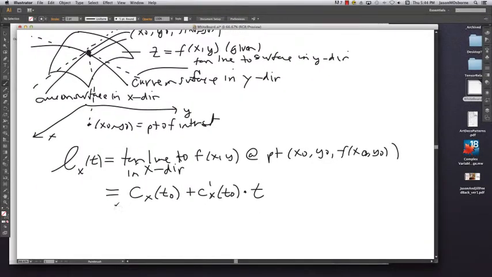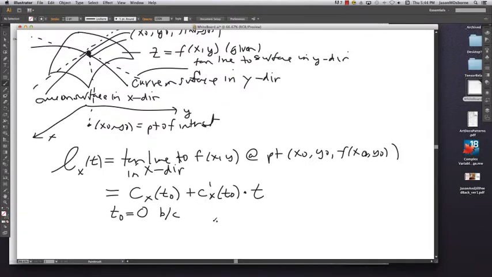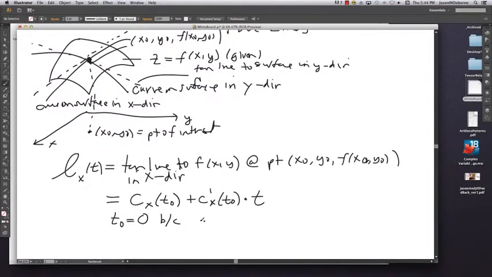Now t0 in our case, we're going to just choose it to be 0 because of the way we've constructed this problem, in the sense that when you write down your lines through this point x naught, y naught, at t equal to 0, your curve in the x direction, when you put in 0 for t, you will get the point x naught, y naught, f of x naught, y naught.